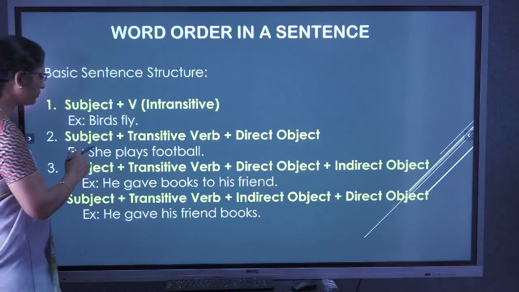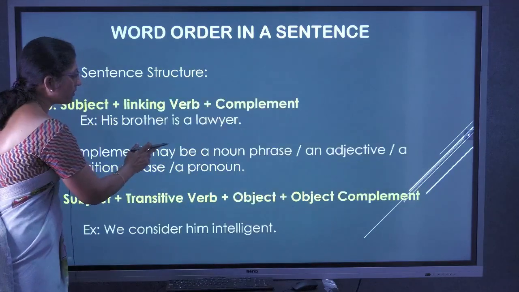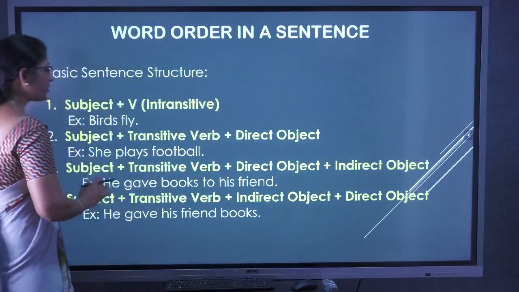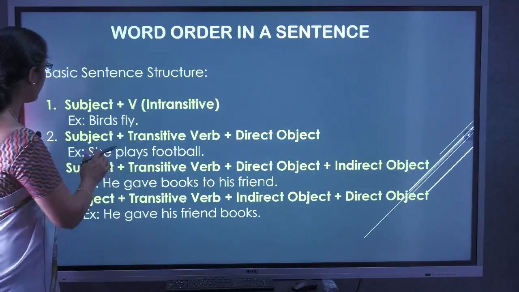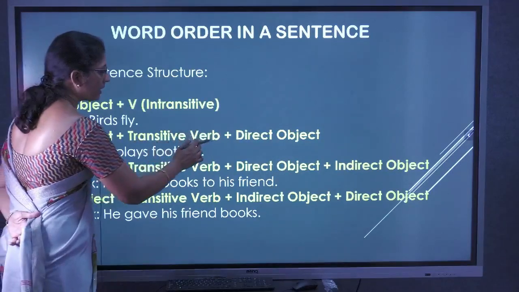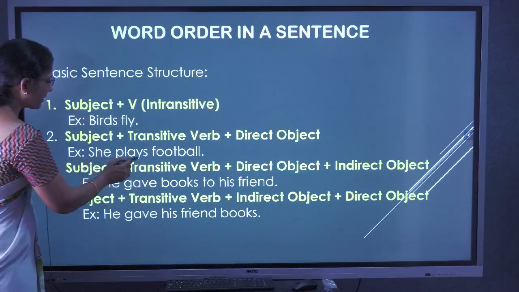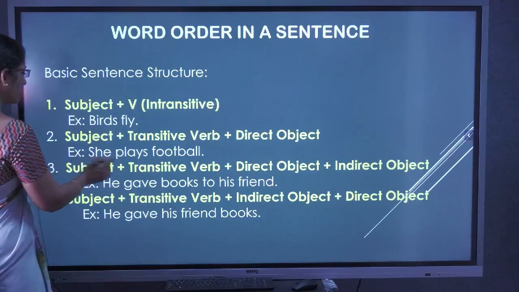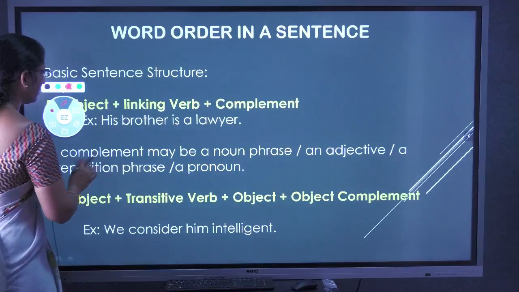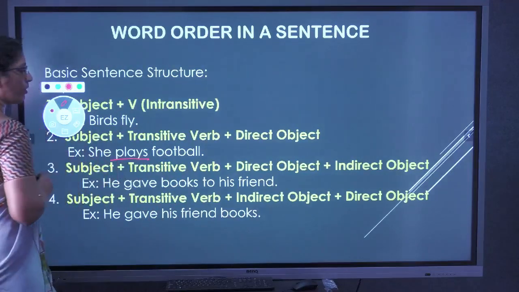That means if the action affects somebody directly, then it is called a direct object. Okay. Next one. Here, take the example. She plays football.